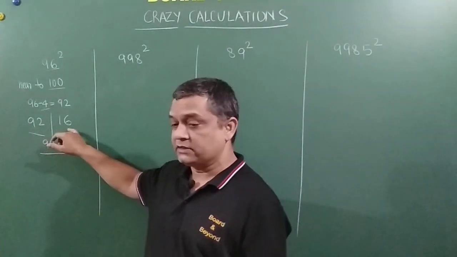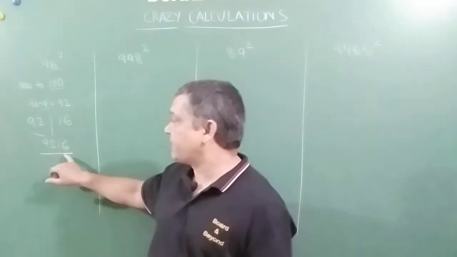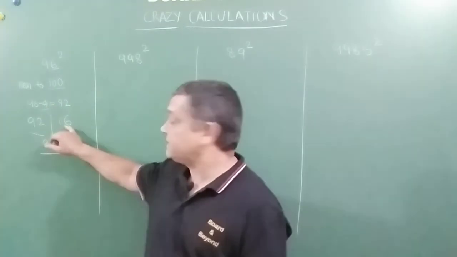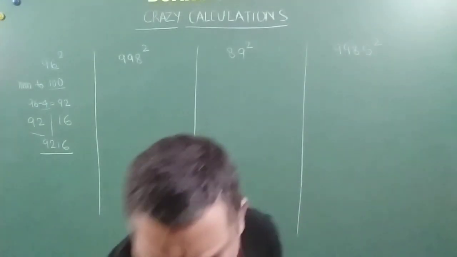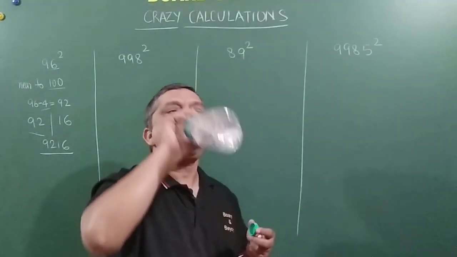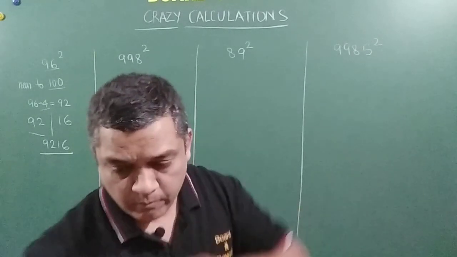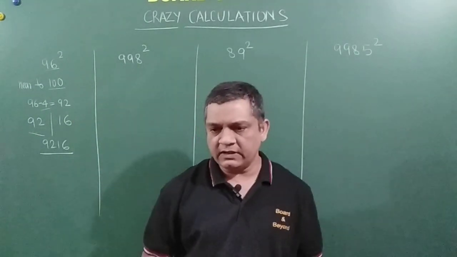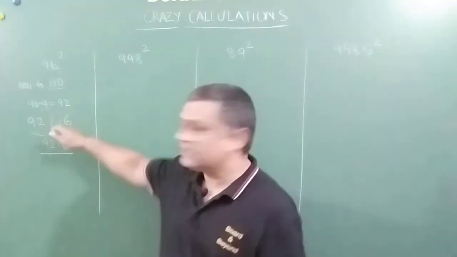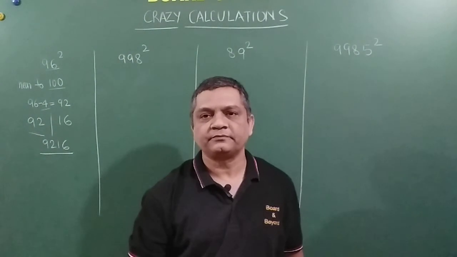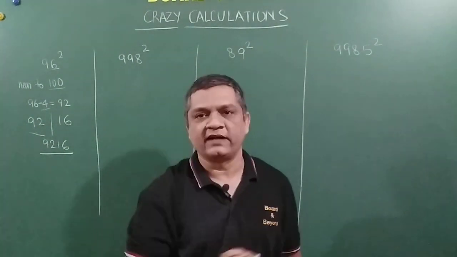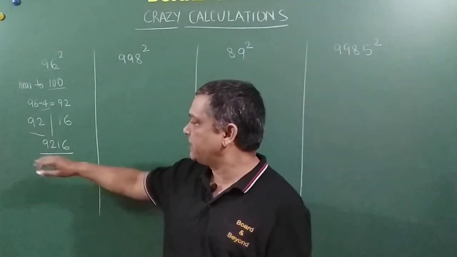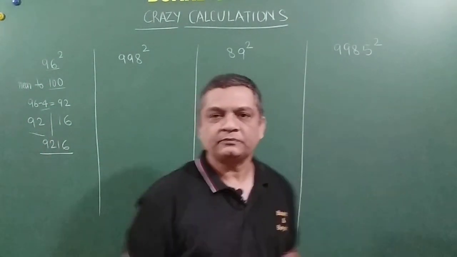That is 4 square is equal to 16, and we will write it here. You see 16 has only 2 digits because it is permissible to have only 2 digits on the right hand side. So 9216 is the answer.